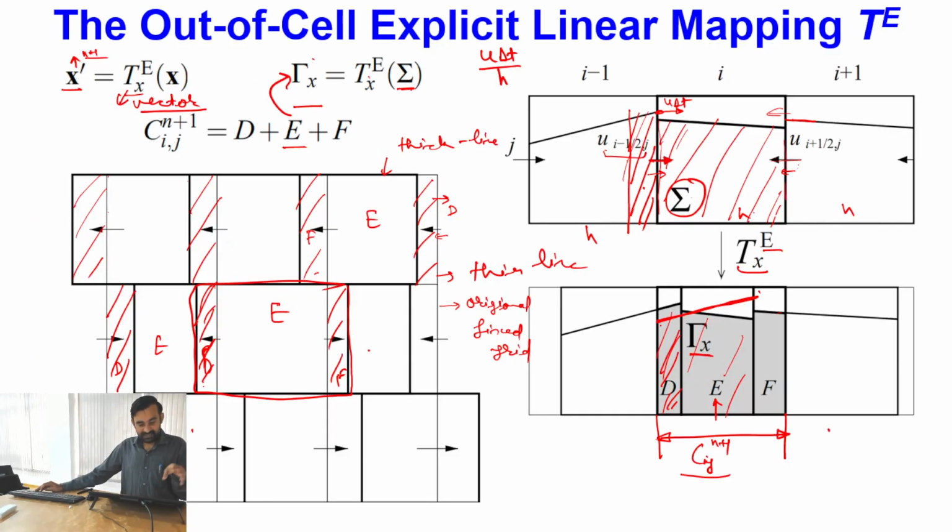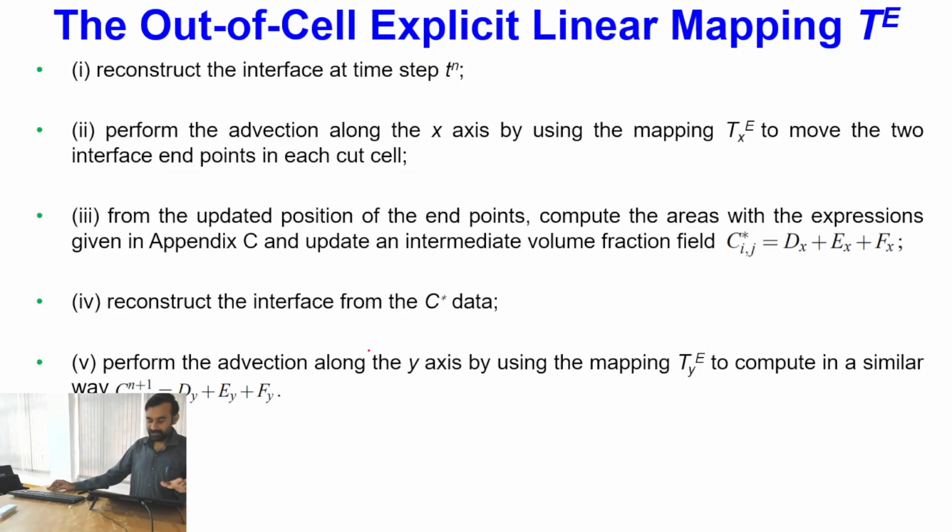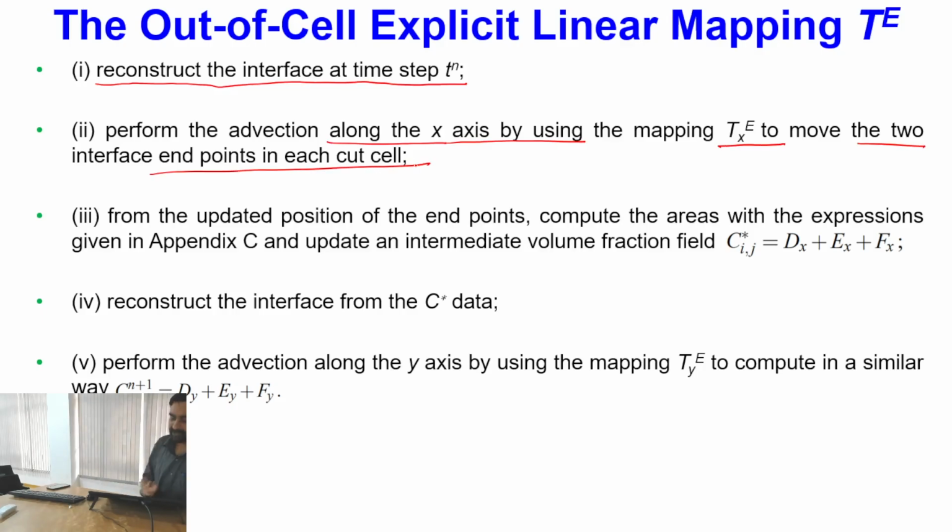Now, for this linear mapping scheme, I will try to give you the algorithm. What is the algorithm? In the first step, we reconstruct the interface using the interface algorithm from the previous value of the volume fraction. Then we perform the advection first along the x-axis, using mapping TXE to move the two interface endpoints in each cut cell.